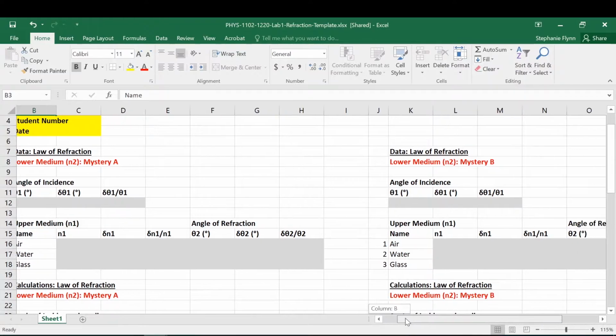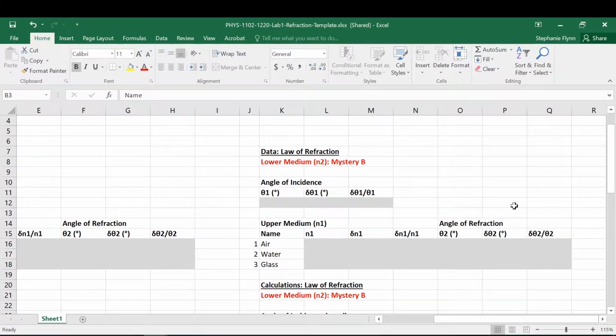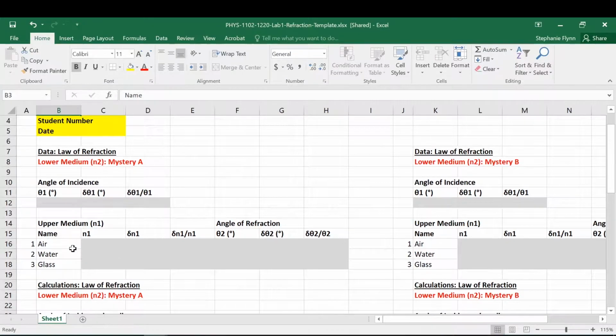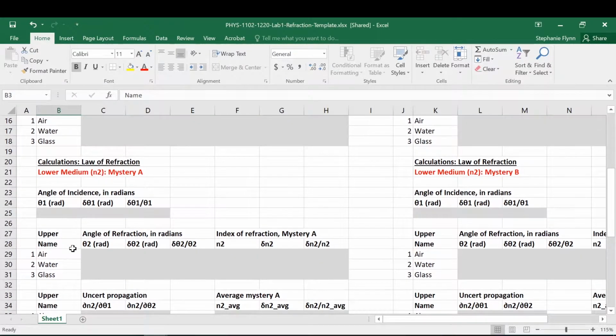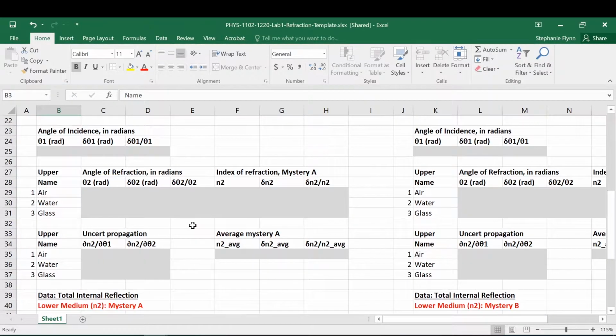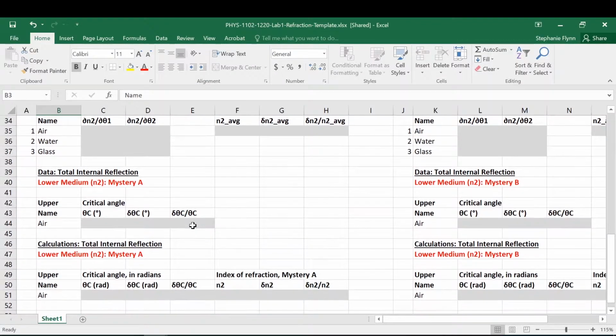Then if you scroll over to the side, there is another area to enter your data for mystery B. Then if you scroll down, there is a setup area to fill in your Excel equations so that you can do your calculations. And then below that, there is another data section for the second part where you're doing total internal reflection and calculating the index of refraction there.